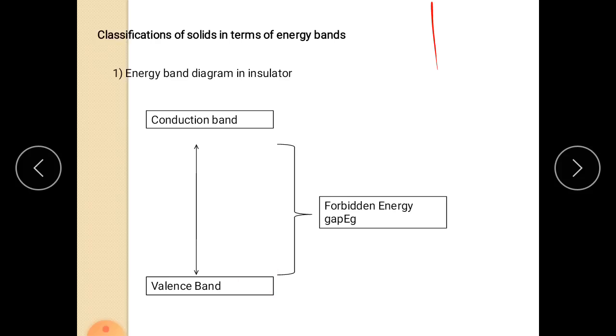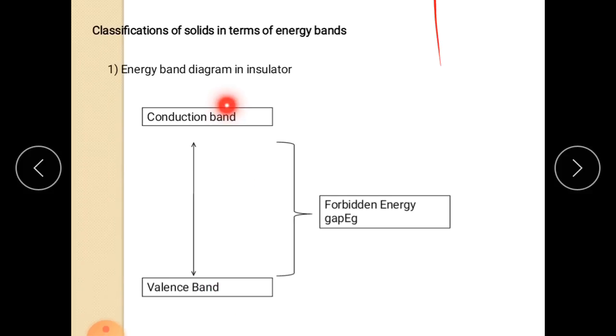Now the conduction band. When the excited electrons in the valence band move to the conduction band, these electrons are called conduction electrons.